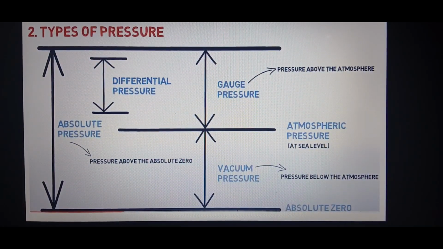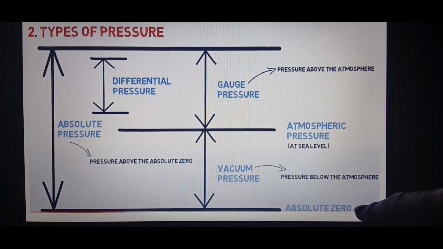This is a very important diagram to try and remember and keep in your head. So if you look at this, we're looking at a couple of different kinds of pressures. This point here is called absolute zero.